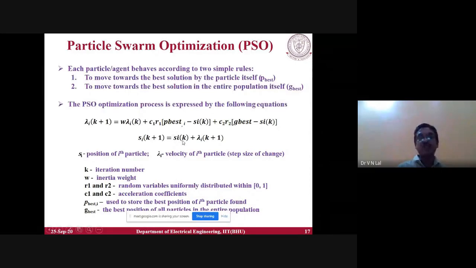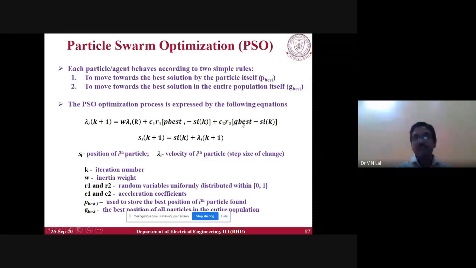Now the new position S_i^(k+1) will be decided by the velocity, the step change. Now how much change we have to make, how much change is being done, will be decided by the best position of the individual particle i and the global best position of the entire group.